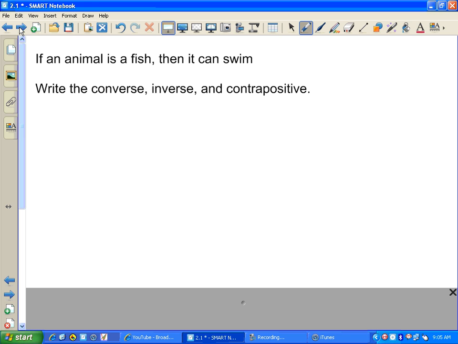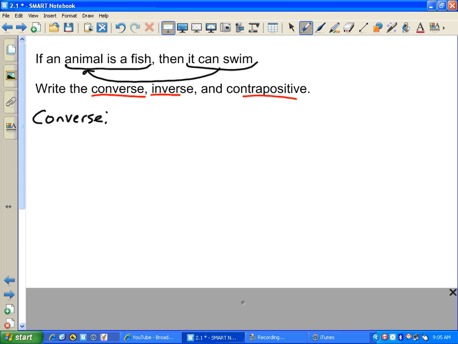Here's one for you guys to try. So, give it a pause. Write out the converse, inverse, and contrapositive using this statement. And then I'll go through and I'll have the answers up when you hit play again, I'll be writing them up. Converse, my then is going to come over and take the place of my if part.